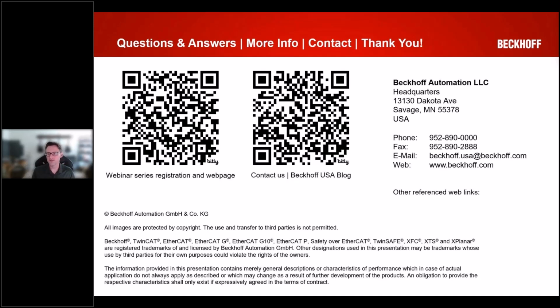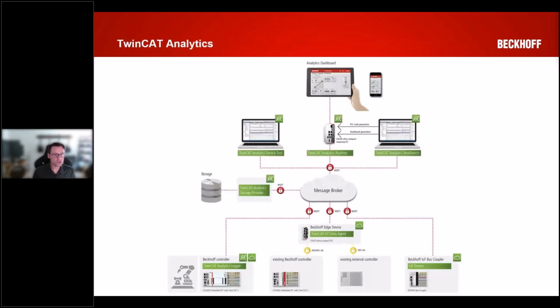So once you buy any of these products for one machine, can you use it for more machines, or do you have to buy each per machine? Excellent question. So the runtime components, like the analytics logger, that lives on the controller on the machine.